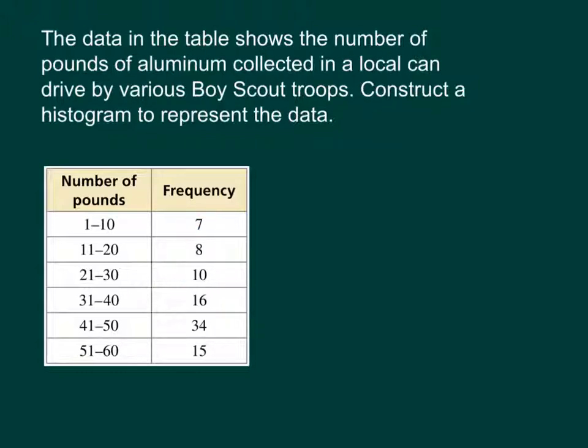And so what we're going to do is construct a histogram. It doesn't need to be anything fancy. We're just going to do kind of the best that we can. So I'm just going to put this in here, and I want to label my intervals. I want to make them the same size here. So I need 6 of them in total, so I'm going to try to get them pretty equally sized.